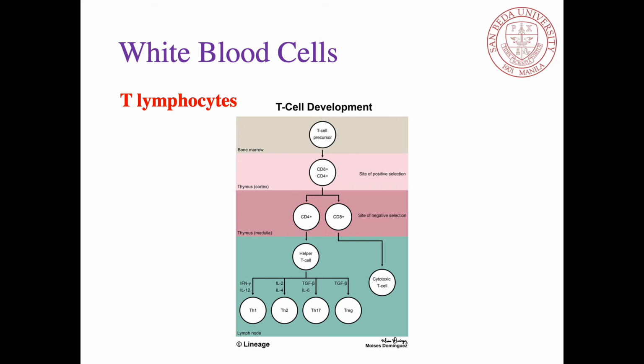cortex, where there's now beginning differentiation between your CD8 positive and CD4 positive T cells. Now, in the thymus, particularly in the cortex, that's where you initially have the site for positive selection, meaning those cells that are able to recognize self-peptide plus self-MHC, at least at a very weak affinity, are allowed to survive.